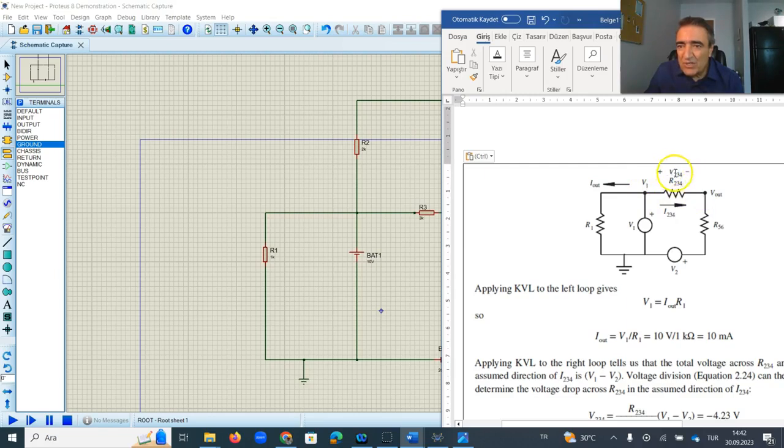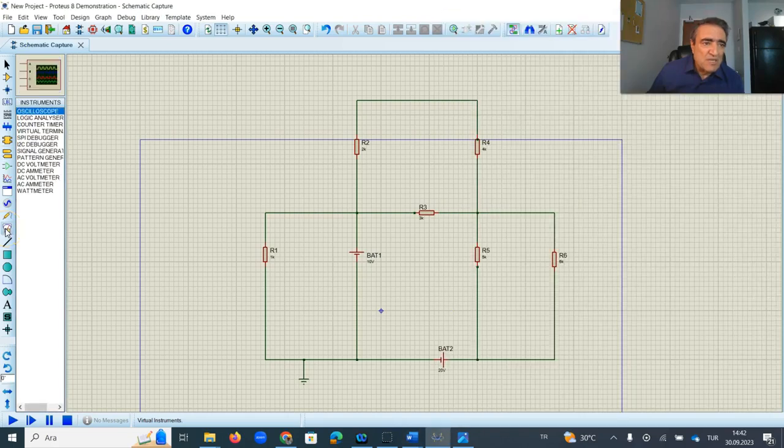You see here V23. And for doing that, I need an instrument. First of all, we have to come here and find our instrument item. This is instrument. And I need a DC voltmeter. This is DC voltmeter. Now I can bring this voltmeter here. First of all, I am putting it here.